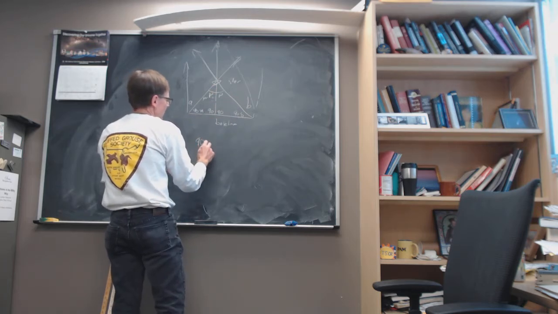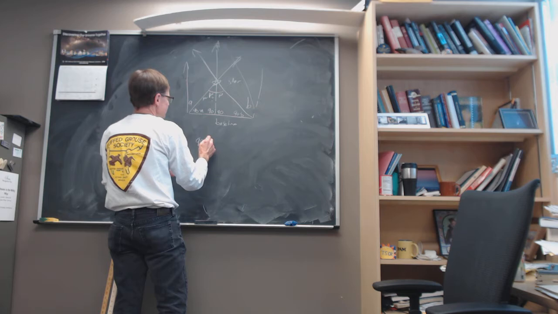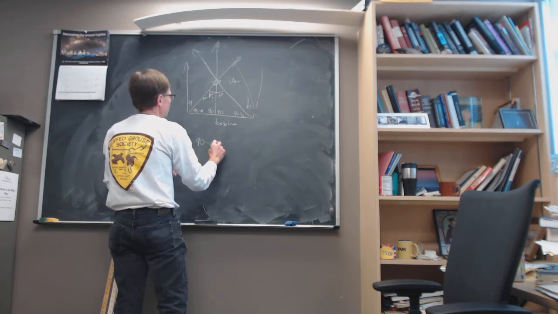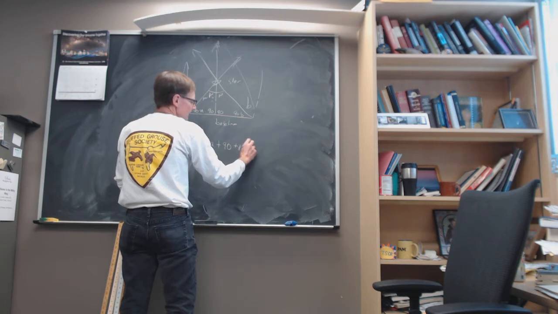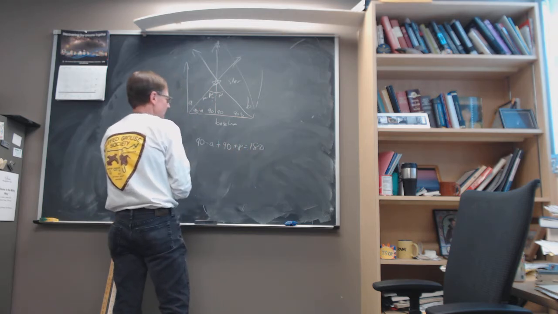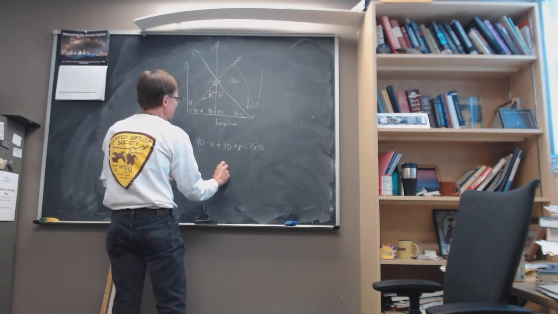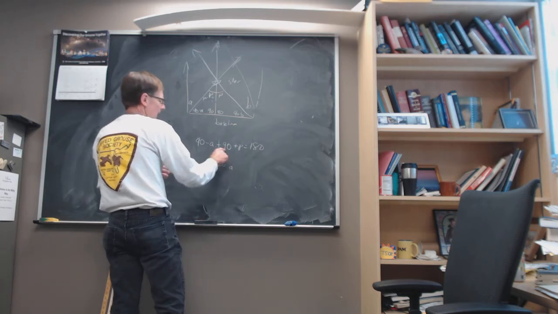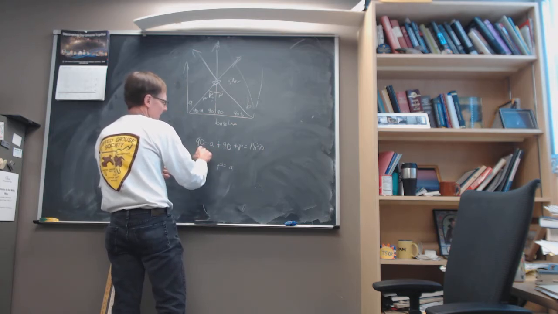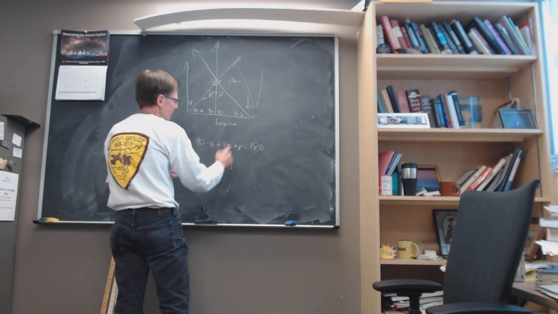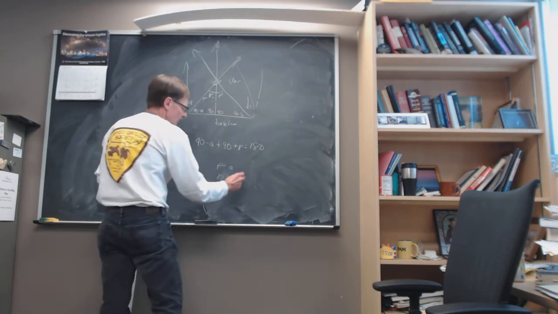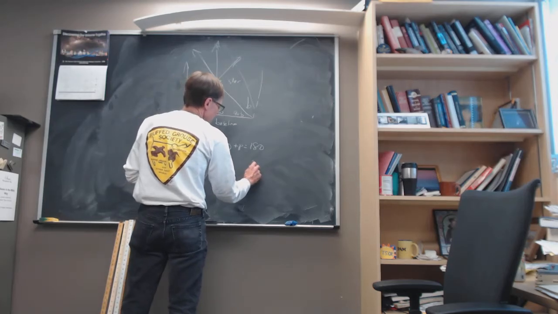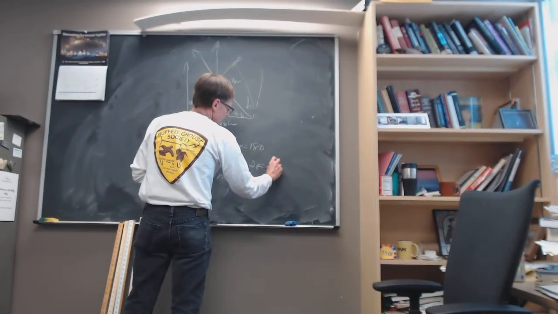So 90 minus A plus 90 plus P have to be equal to 180 degrees. But that means P has to be equal to A, right? Because you've got your 180 degrees right there, and those things have to cancel out. Likewise, over here, P has to be equal to B. So if you measure A and B, 2P has to be equal to A plus B.